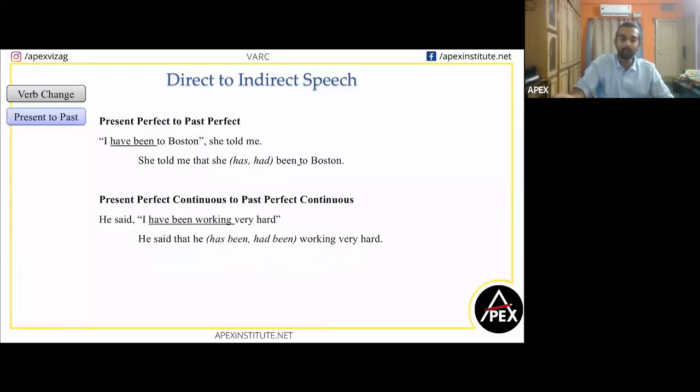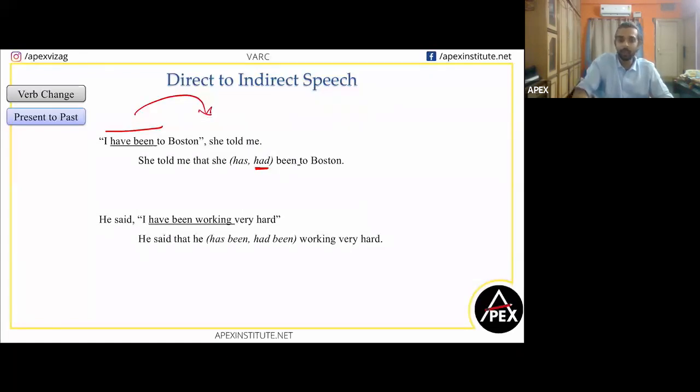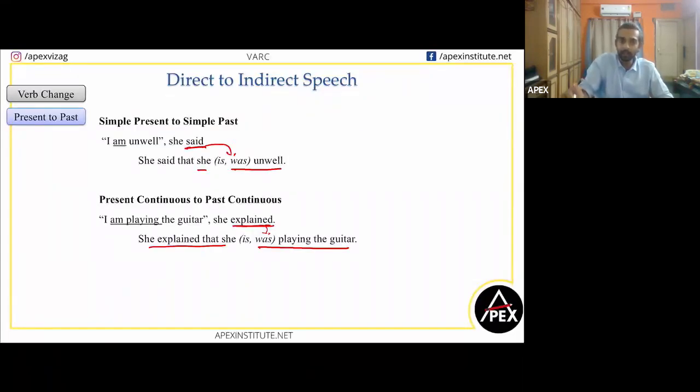What about this? I have been to Boston, she told me. Then what will come? She told me she had been to Boston. Okay. Whatever is in present perfect, we'll change it into past perfect. See, like this. Over here, whatever is in simple present, we change it into simple past now.